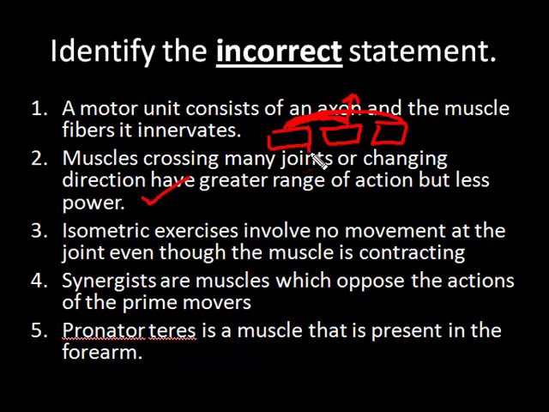So it's going to act on this one and this one. So it's going to have range because it's acting on 2 joints. Plus, because it's long, it's going to be able to move the joint a little bit more. So the movement will be more. But because its power is distributed across both joints, it becomes less powerful. So therefore, it is true.